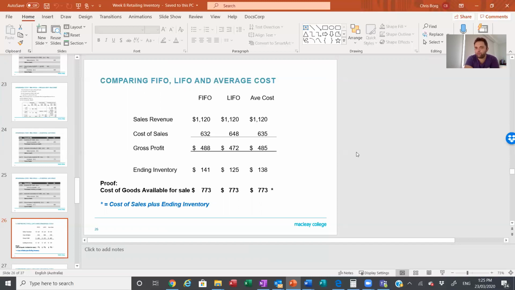However, under the FIFO method, you're also leaving higher ending inventory because you're taking the higher amount and leaving that behind as per your ending inventory, compared to LIFO, where you're moving your higher cost as a cost of sales and leaving a lower amount of ending inventory. Which method you use obviously can make a very big difference in terms of your end earnings.